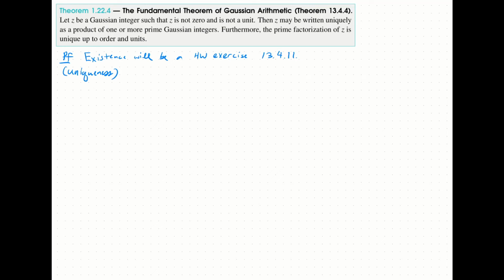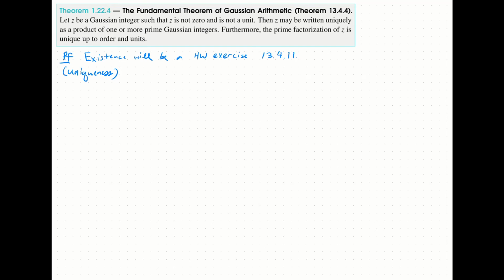And the prime factorization of the Gaussian integer is going to be unique up to order and units. The proof that we did was not for the integers, it was for the natural numbers. As a result, it was unique up to order, but we could have easily extended it to all the integers if we said it was unique up to order and multiplication by -1. And so the units are taking the role of 1 and -1, but now we have to worry about i, -i, 1 and -1 as well.